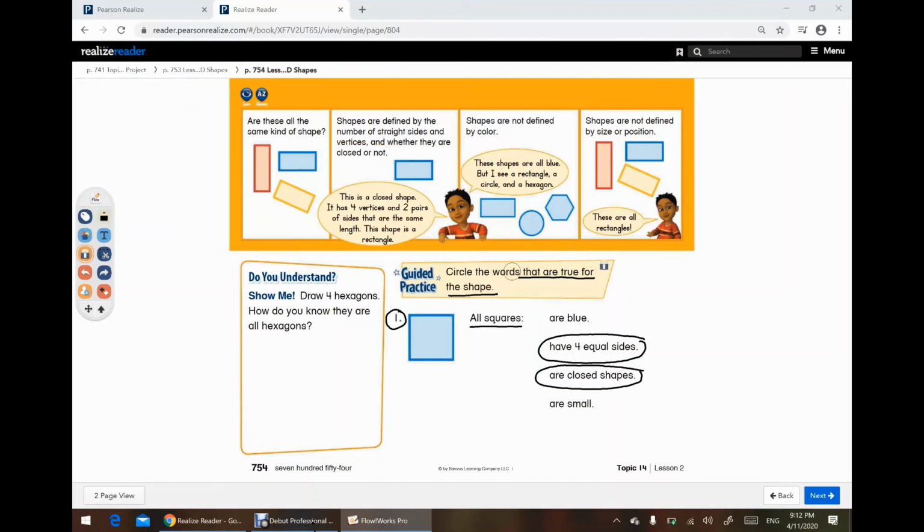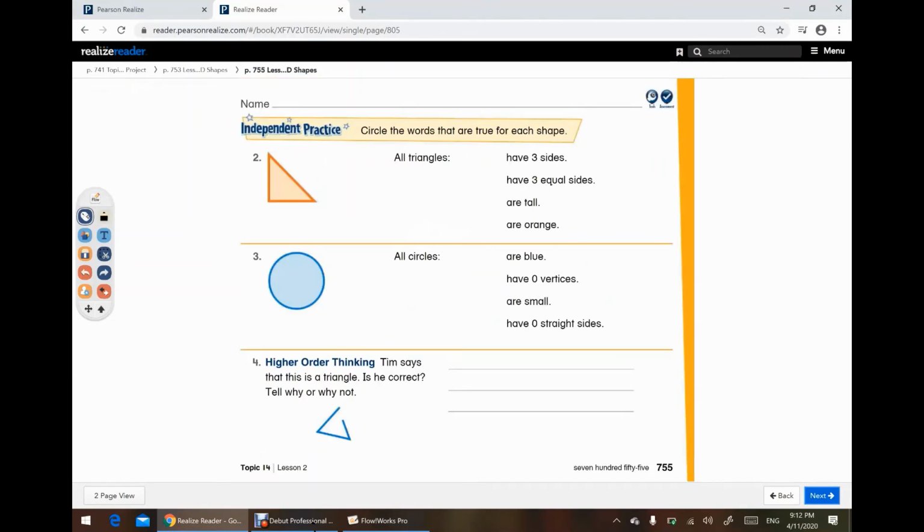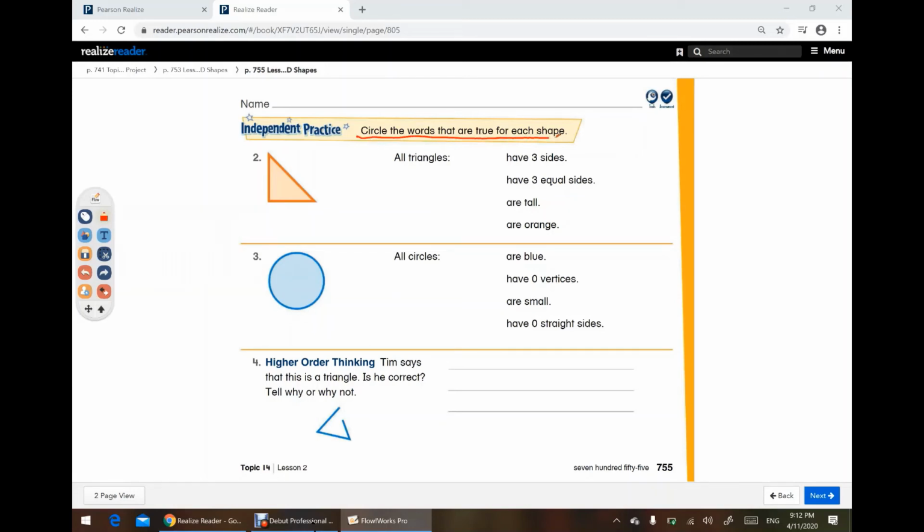Let's move to our next page. Page number 755. This is an independent practice. I will explain and you will do it. Circle the words that are true for each shape.